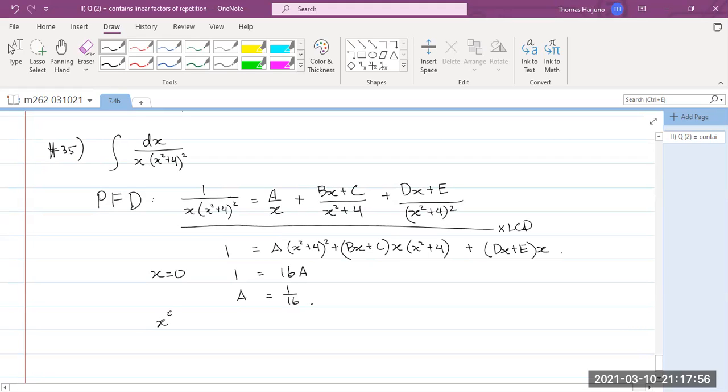So the x to the 4th component on the left-hand side has coefficient 0. We have 0x to the 4th. On the right-hand side, we have ax to the 4th plus bx to the 4th, and those are the only x to the 4th terms. But we know a already, so the b comes naturally.